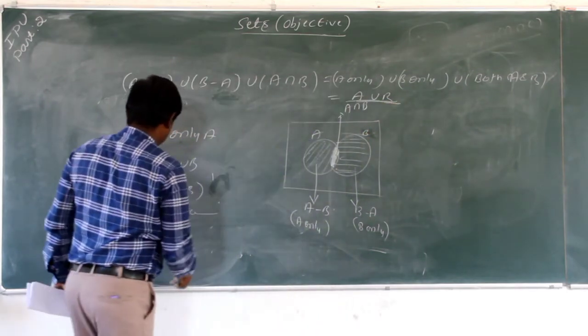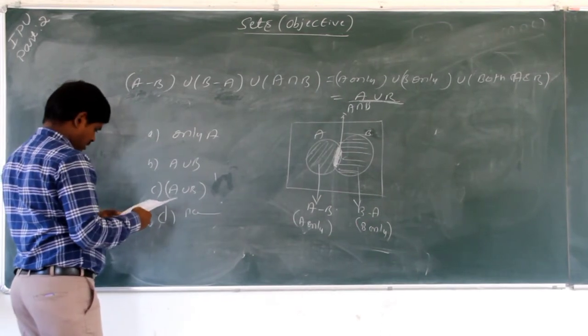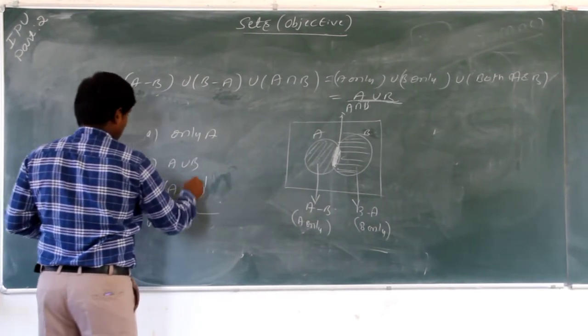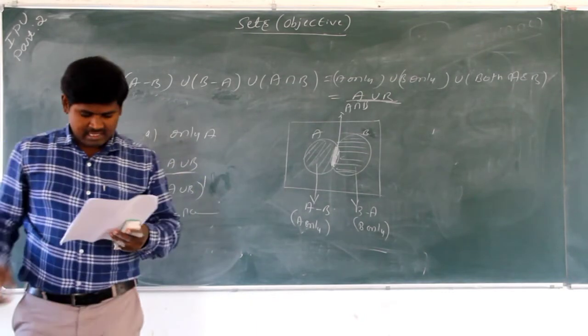Therefore option B, A union B whole dash, is the right answer.